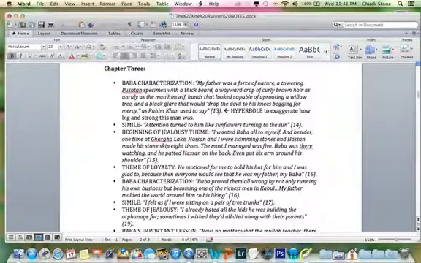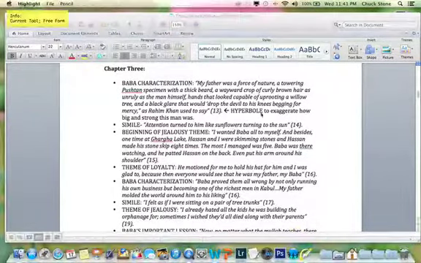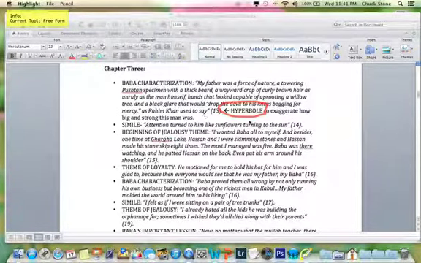So we have a characterization referred to, page 13. Also, this item where she, going back to the lit terms unit there, and your own studies in grades 9 and 10, uses hyperbole to exaggerate, to show how large and dominant Amir's father, Baba, is.